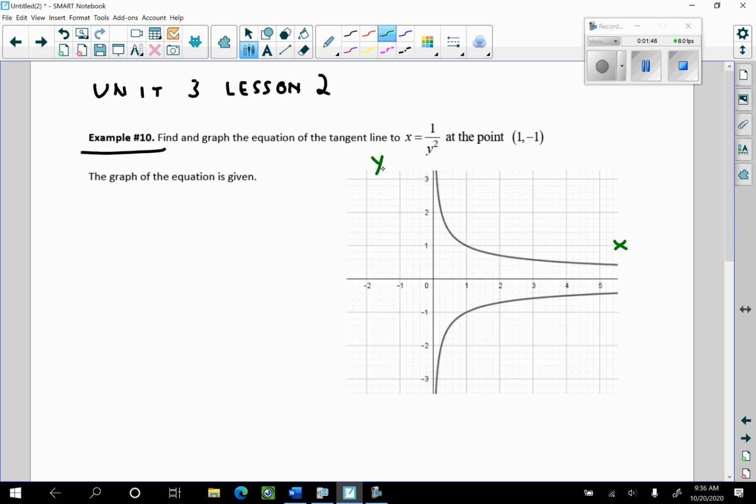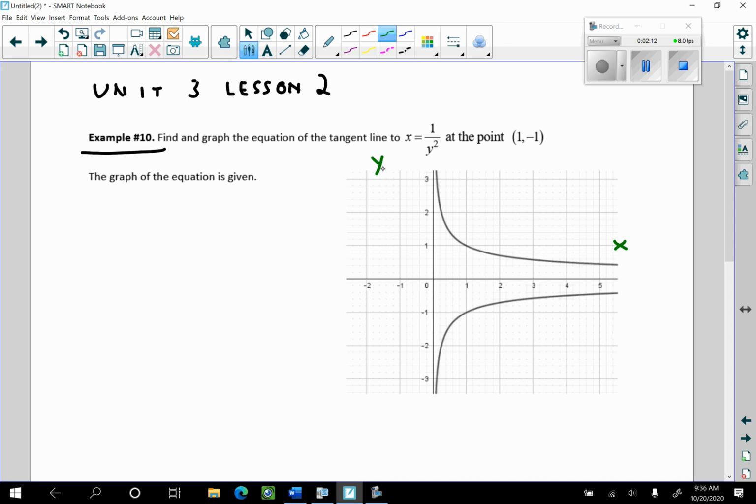And since I am in XY land, when I talk about the equation of a tangent line, I am always talking about what creature? The slope of the tangent line is given by dy/dx.